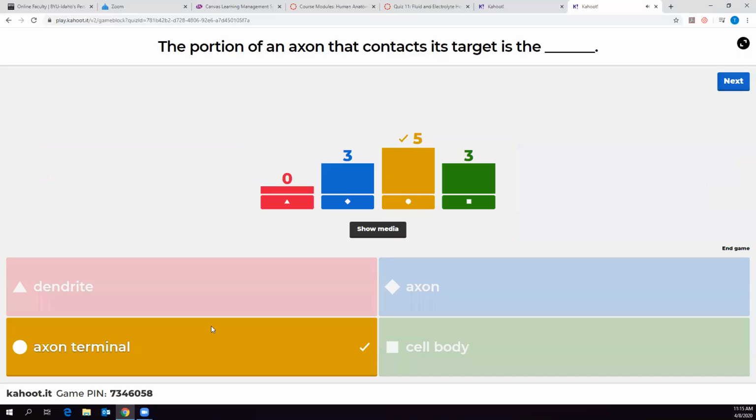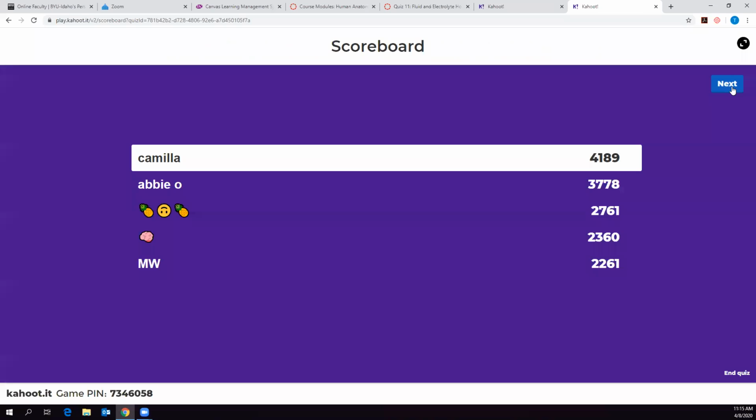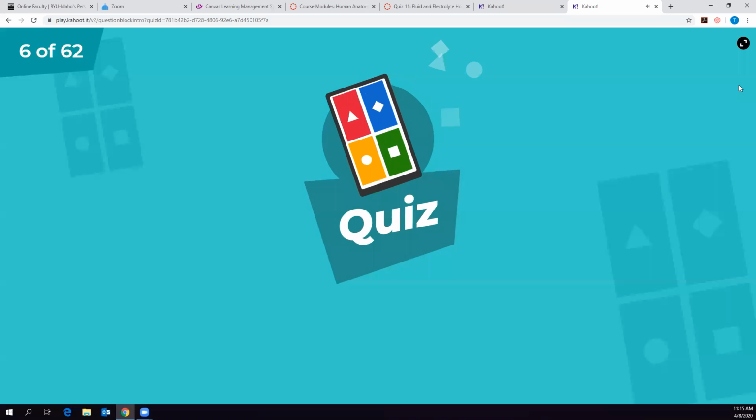Yeah, the axon terminal. Okay, the cell body's not going to come in contact with the target at all, the effectors. It's going to be the axon terminal. So the very end is the part that comes in contact with the cell or another neuron or a gland, or I guess that's it. There aren't other things.